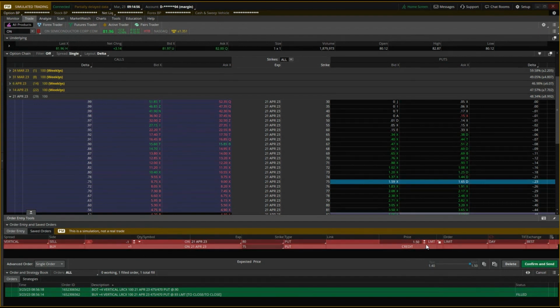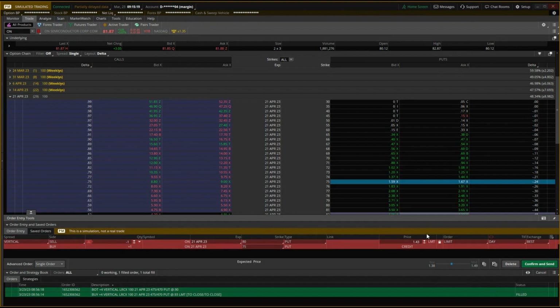Now for the numbers I have, and we'll get to the numbers in a moment, I had $1.43, so I'm going to lower that. And I don't mind changing the credit here because when we take a credit, the more the better. But I want to match my numbers here, and I want to fill. I don't have to be filled. So that's my mindset when it comes to putting together these trades here.